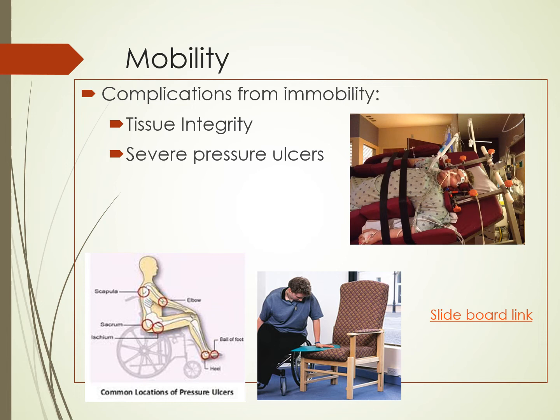So nutrition is an issue. Those rotating beds are a good idea, and be alert to pressure points, and then use of slide boards to help people with mobility. And there's a good slide board link as far as how to help someone use that.